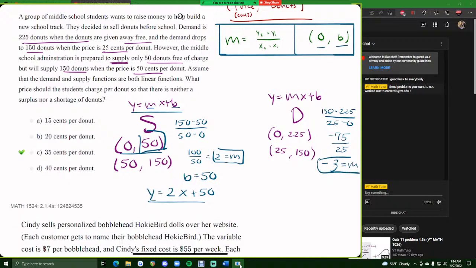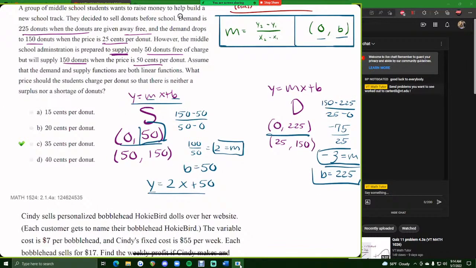So m equals negative 3 here. And the same thing applies. Wherever x is 0, the corresponding y value must be the y-intercept, must be our b value. All right, so we have m equals negative 3 and b equals 225. So we set up negative 3x plus 225.